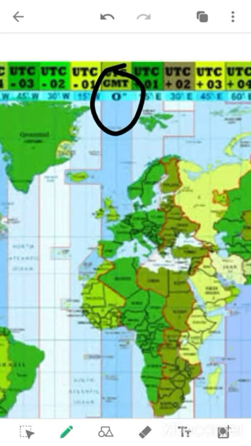At the interval of 15 degrees, there are 24 time zones. The time at 0 degree longitude of the prime meridian or Greenwich meridian is called Greenwich Mean Time, that is GMT.